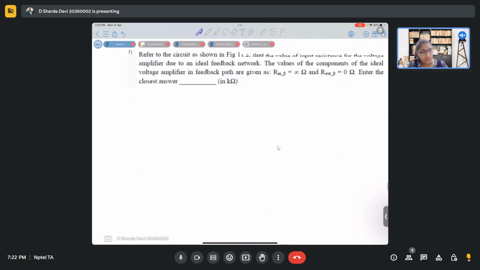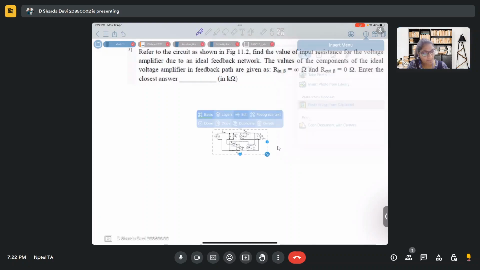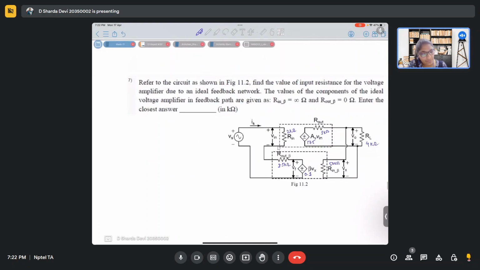Now moving on to the next problem. In this problem again, we have to find the input resistance for the voltage amplifier due to the ideal feedback circuit. So the input resistance is Zn. Zn will be how much?